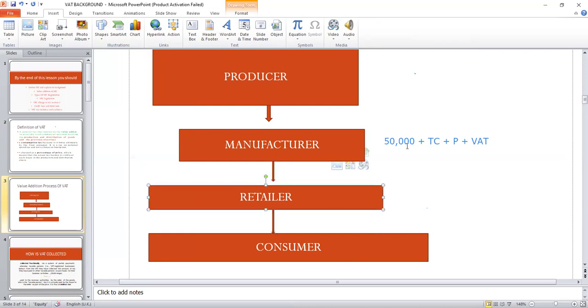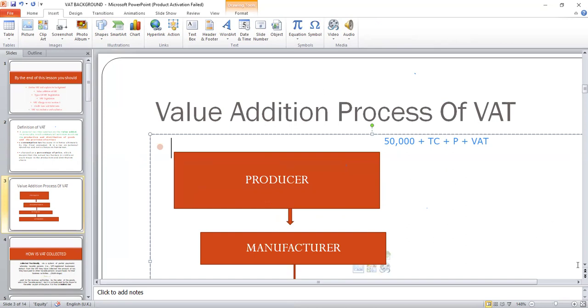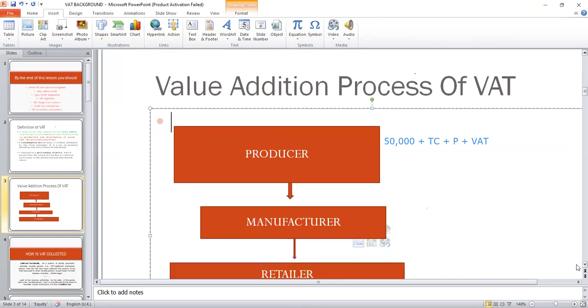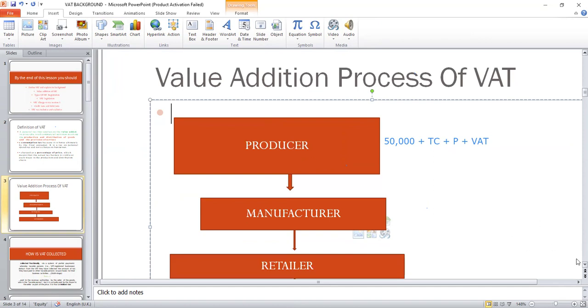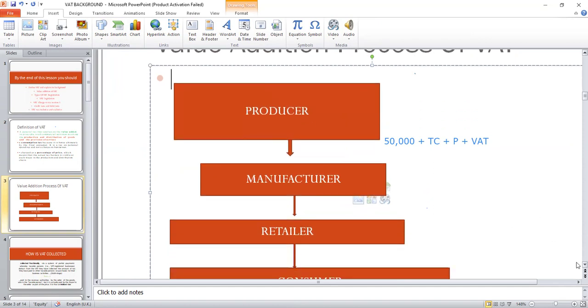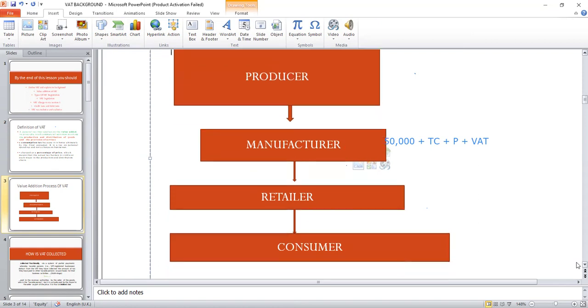So when I was explaining this process of VAT, the price that the manufacturer will sell to the retailer, let's say the 50,000 is the price that the producer sold to the manufacturer. This manufacturer will have to add the transport cost that he has used to transport the goods, and also add the profit and also VAT.